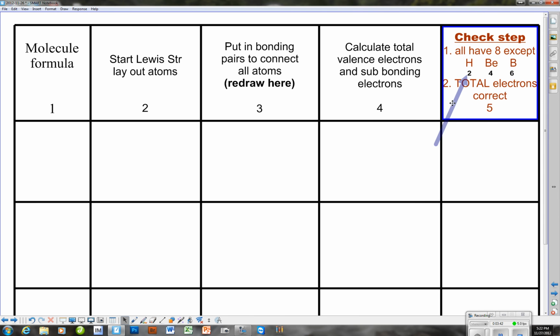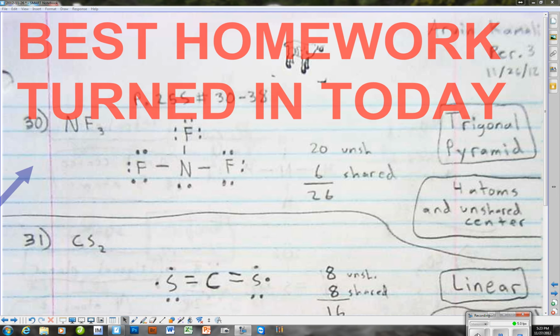And their numbers are here, the 2, 4, and 6. And then we also need to check at the end to see that the total electrons are correct. That's what this form is all about, and you may want to do a rough of this form and use it as part of what we do during the discussion of how these molecules are done.